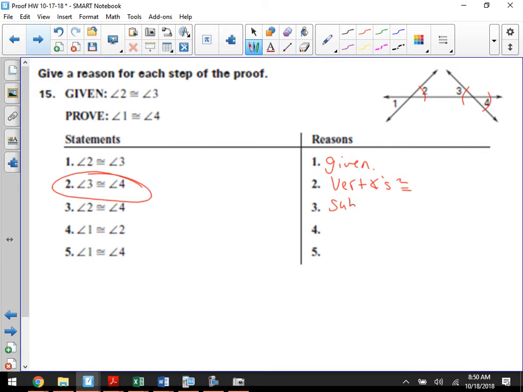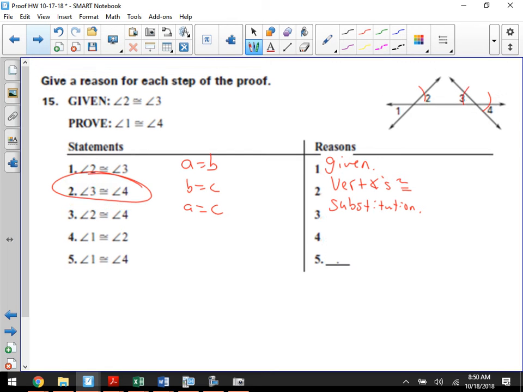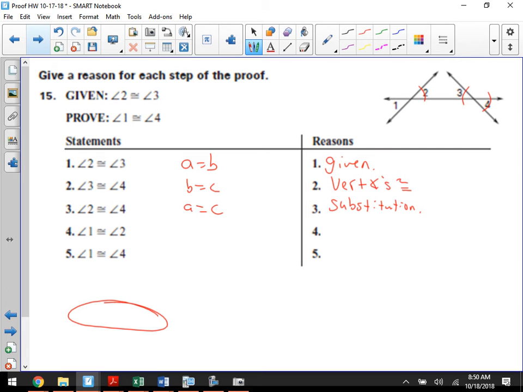I'll let you guys go with substitution here, but technically, remember we did this? A equals B, B equals C, A equals C. See how the numbers are 2 equals 3, 3 equals 4, 2 equals 4? See how these guys are on that diagonal? A lot of syllogism, but we call it the transitive property.